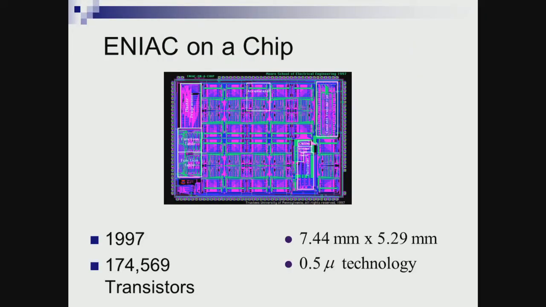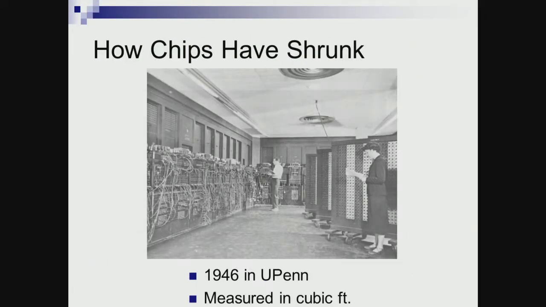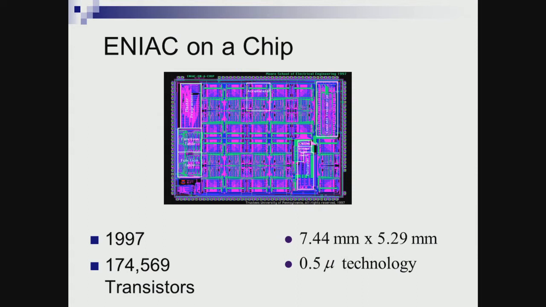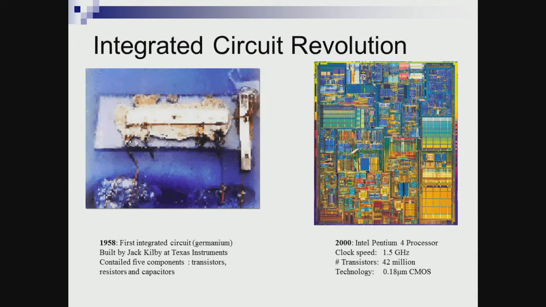Now, what made this possible? From 1946 to 1997, so 51 years, what was it that made it possible to go from cubic feet to a couple of millimeter square? The first thing that we should note is the major integrated circuit revolution, which came in 1958 from Jack Kilby of Texas Instruments, where he showed that on the same substrate more than one component can coexist.